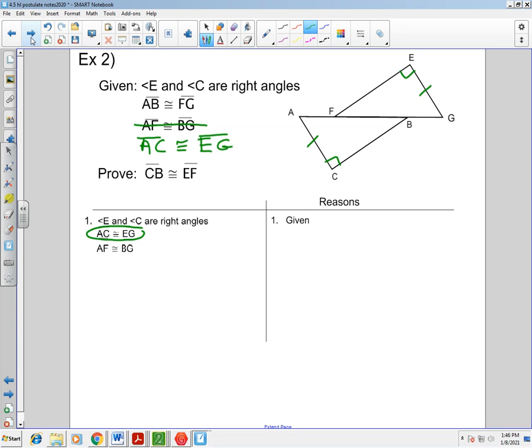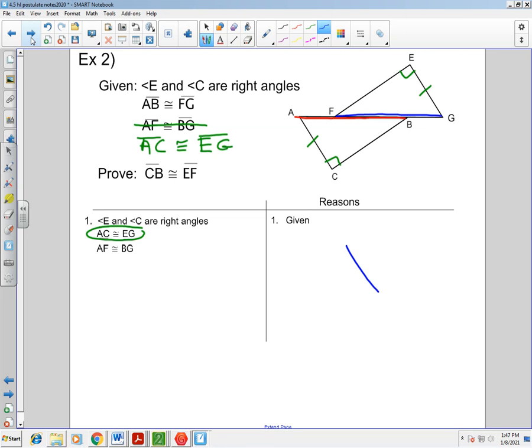And we also know that AB, which is this segment, is congruent to FG, which is this segment. Now, some of you may not see how this works, but I encourage you to redraw the picture.